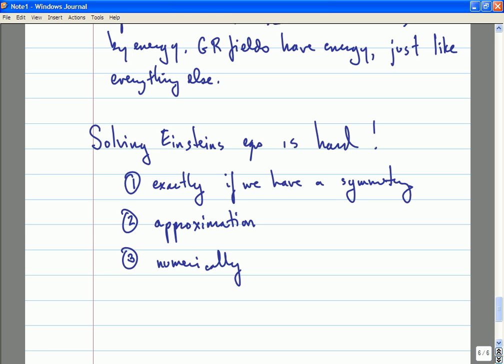But then, once we've done that, we'll continue to understand how we can solve Einstein's equations. I'll give you a little bit of a discussion of what it means for space-time to have a symmetry and what the implications are of that before proceeding to solve Einstein's equations in the most important non-trivial case to derive what is known as the Schwarzschild solution.